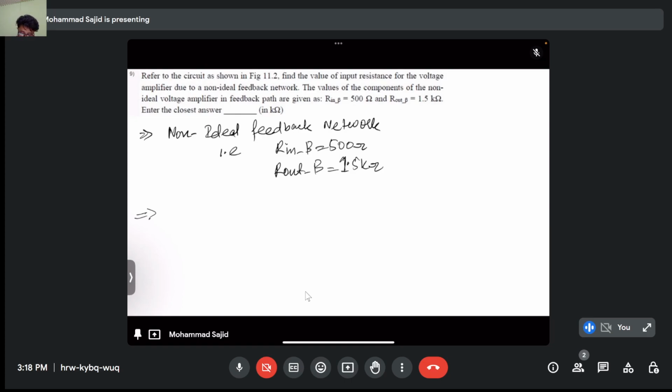Due to these factors, your gain will change from AV dash to AV double dash, and your beta will also change to beta dash. Let's see.